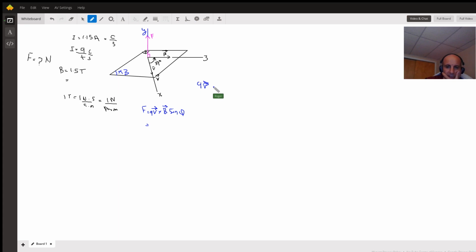Well, the charge Q is in Coulomb, okay? And the velocity V is in meter per second. So this value here should be in Coulomb meter per second. But we know that Coulomb per second is amp, okay? So it will be amp times meter.